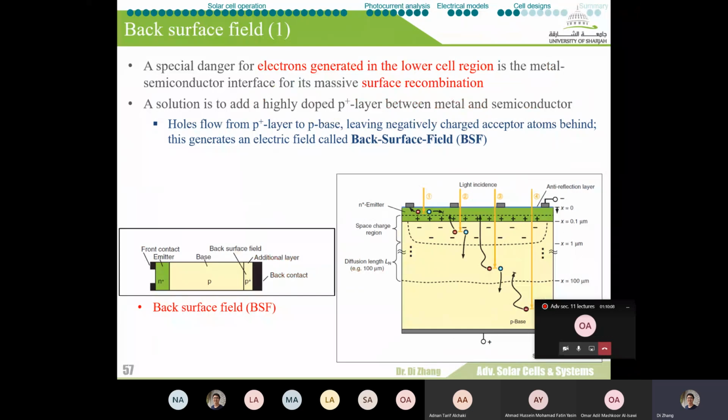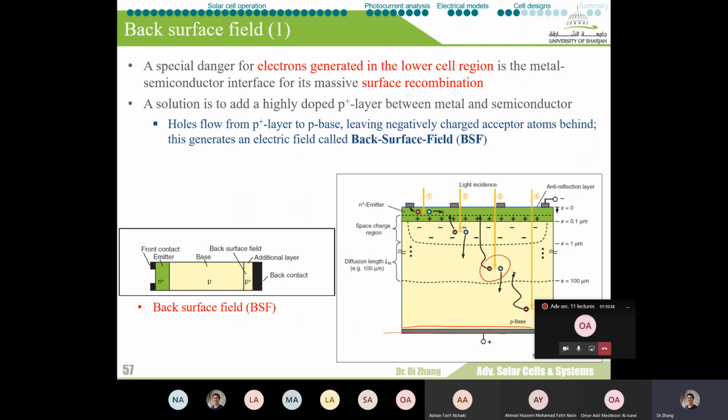So remember that we were saying that for the generated electron and hole pairs, if they are absorbed very deep into the solar cell, there is a certain risk here that maybe they will contribute to a loss. That is near the back surface. Typically, this is where we have a very high surface recombination.